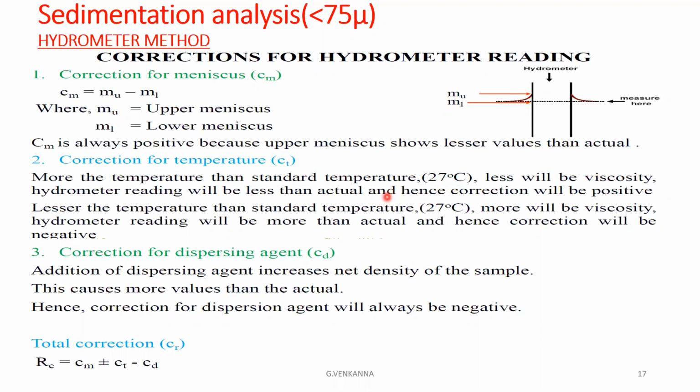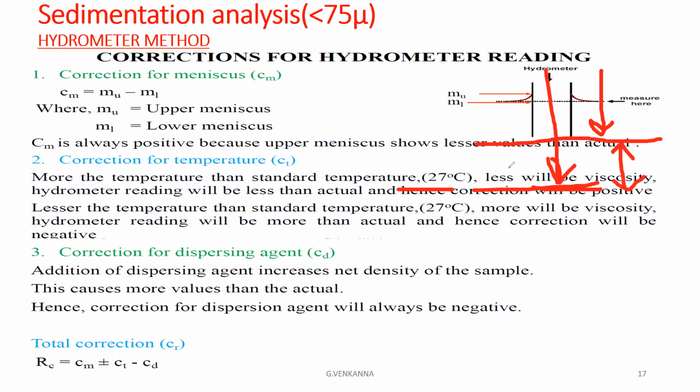Due to an increase in temperature, the viscosity of the water or soil suspension is less. Due to this, the hydrometer goes deeper than its original level. Actually, at the constant temperature, the hydrometer may stand at this position, but due to the increase in temperature, the hydrometer goes up to this level, so we get a higher value.